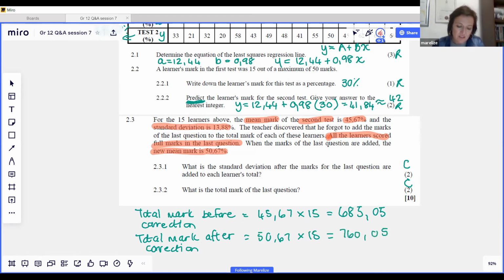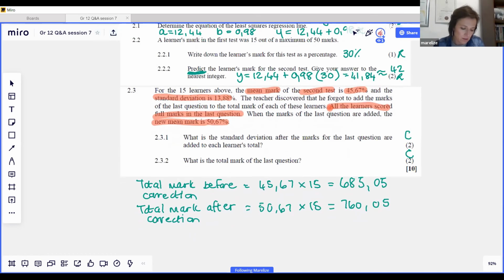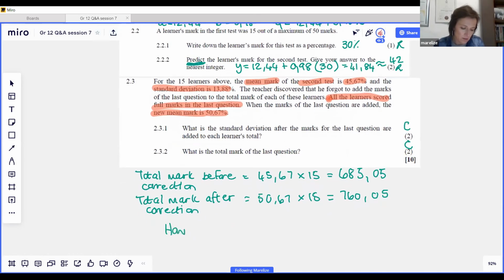So how many marks did he actually add? Well, we can work out the difference, 760.05 minus 685, and that is 75 marks.